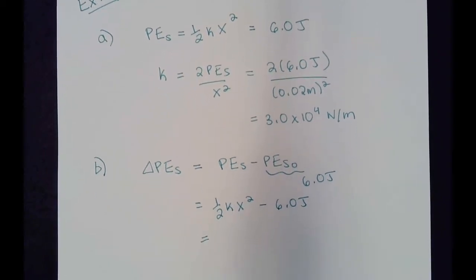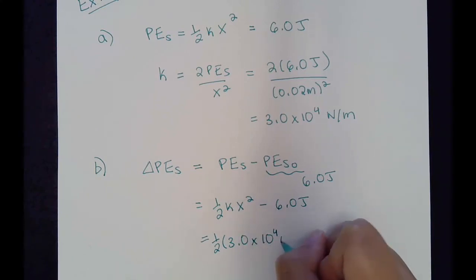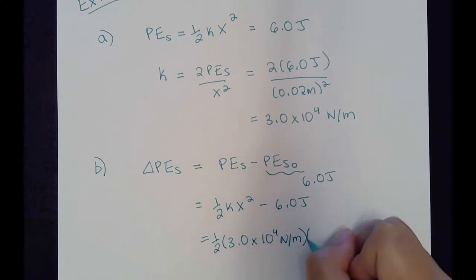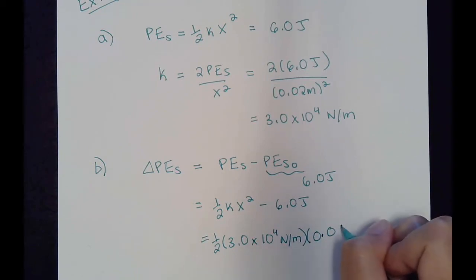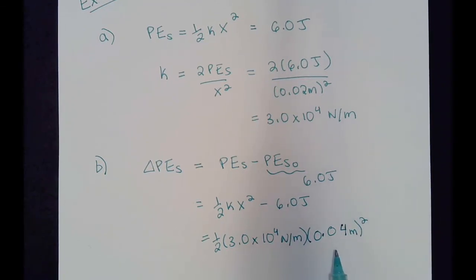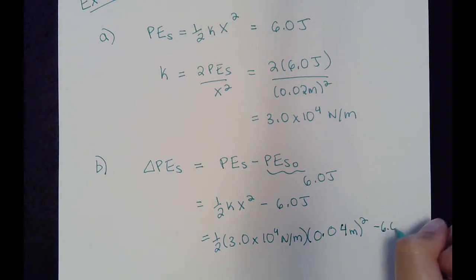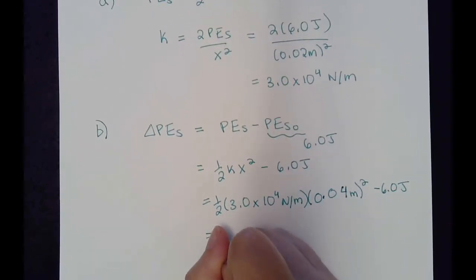So that's going to be 1/2 times the k that we found, 3.0 times 10 to the 4 newtons per meter, times 0.04 meters squared, since now it's stretched to 4 centimeters, minus 6 joules. And this gives 18 joules.